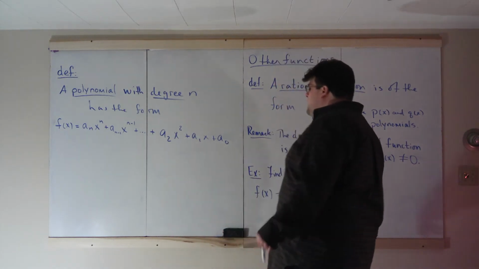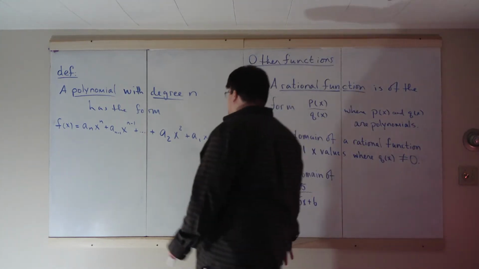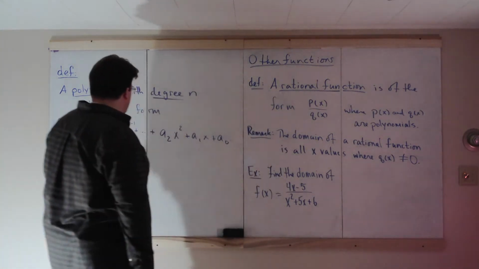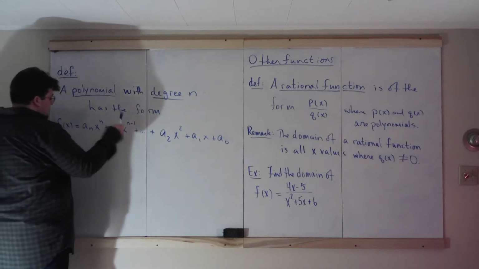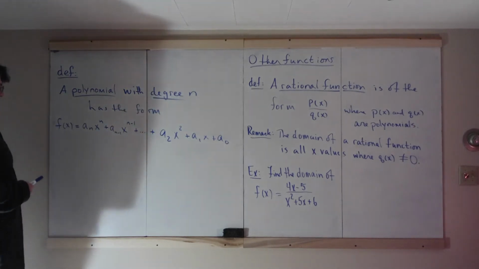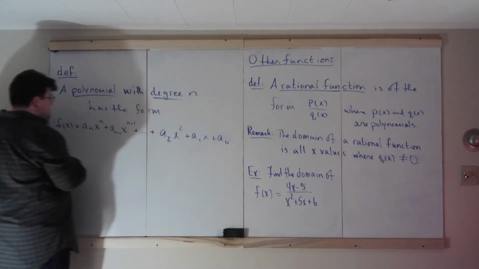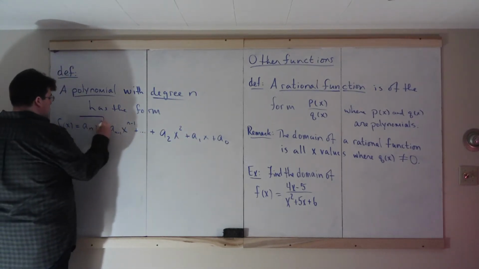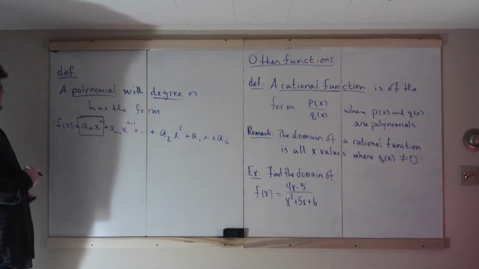Now these a sub numbers are just coefficients, and for notational convenience we subscript them with the same exponent as is on x. Now this polynomial has degree n because the largest exponent with non-zero coefficient is x to the n.